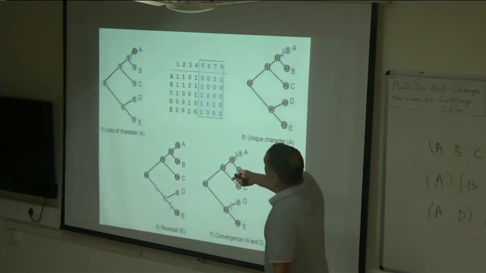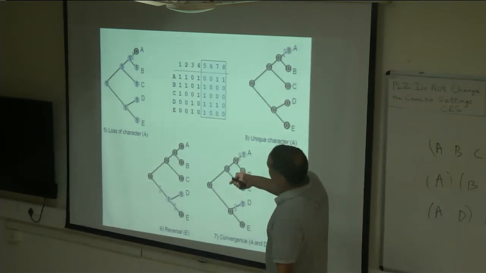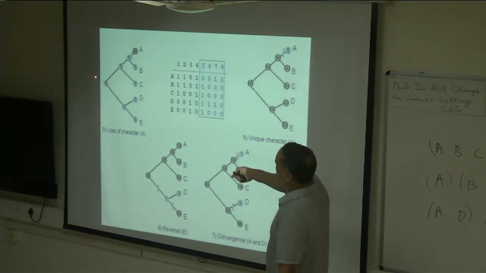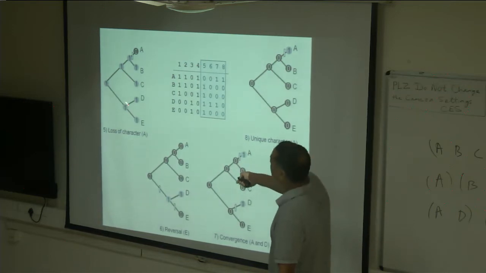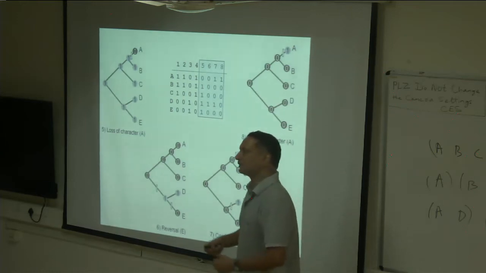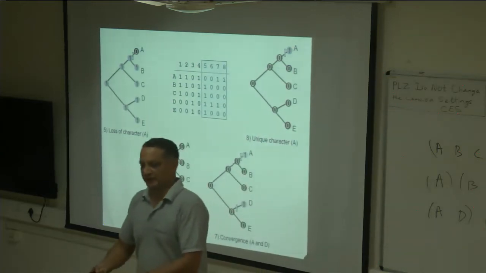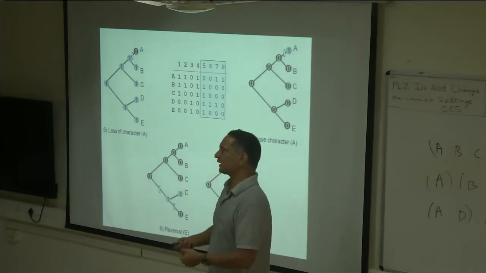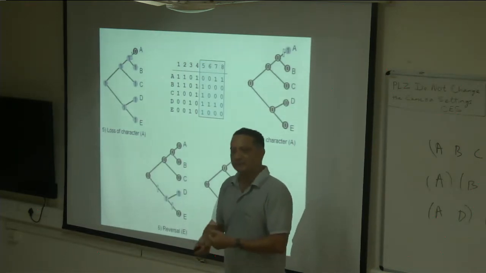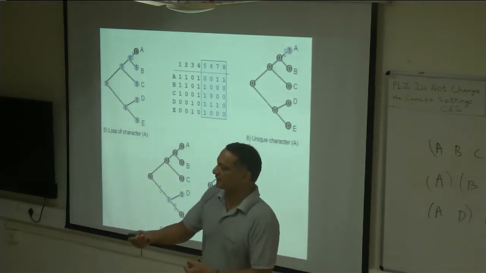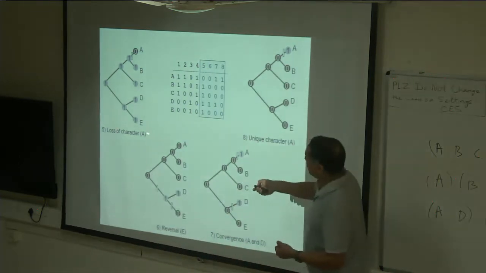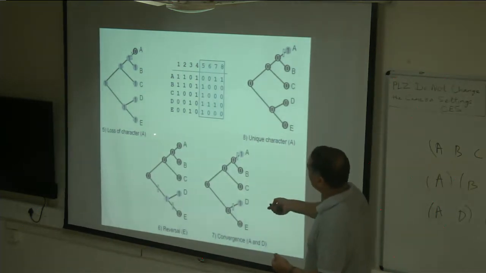One could say that maybe the character was absent here, but then you would have to invoke multiple gains of that character. So this is basically the principle of parsimony, where you try to come up with a solution that needs the minimum number of steps. Okay?